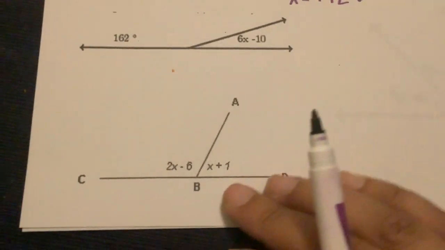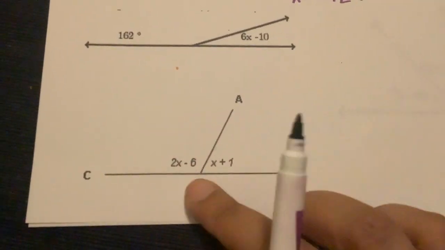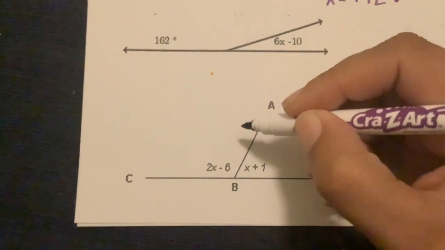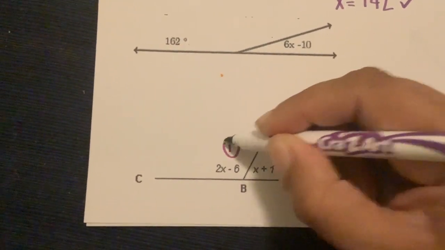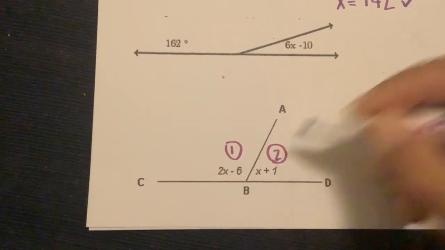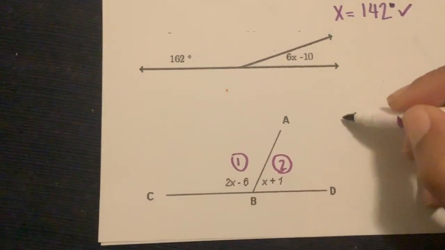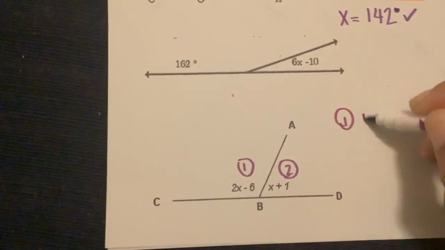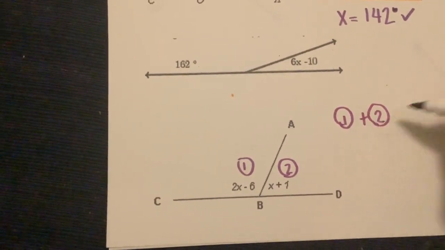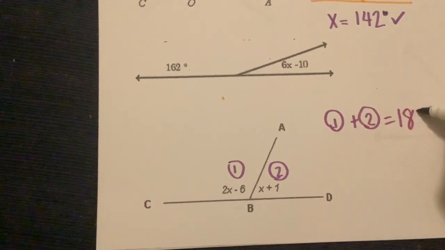So when I'm looking at this problem, this is still supplementary, meaning this angle plus this angle has to equal 180. So angle 1 plus angle 2 needs to equal 180.